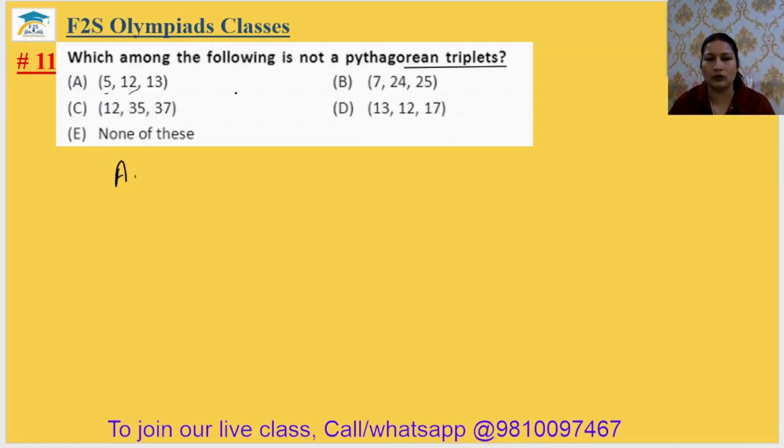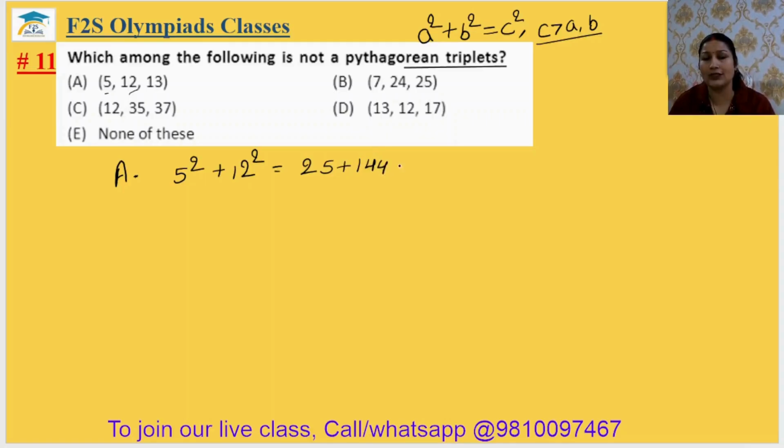Option A, I'm just writing here the Pythagorean triplet theorem: A square plus B square should be equal to C square, where C is greater than A and B. Now option A is saying 5 square plus 12 square. So it will be 25 plus 144. This is 169, and it is the square of 13. So yes, it is a Pythagorean triplet.